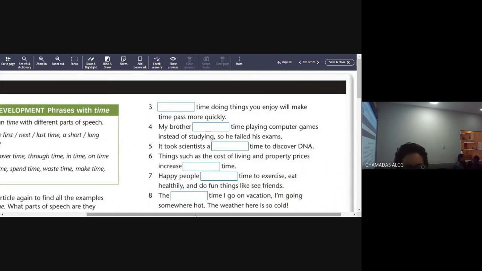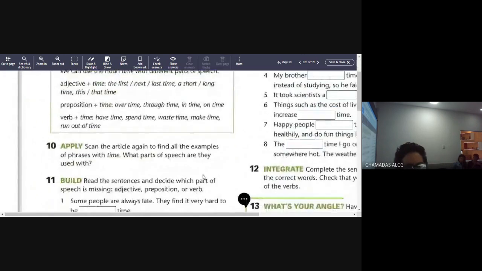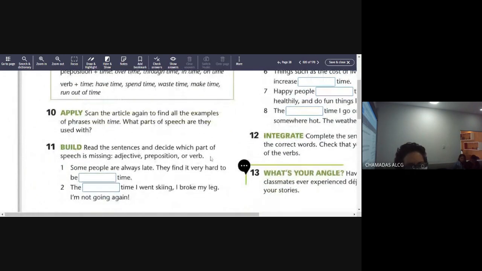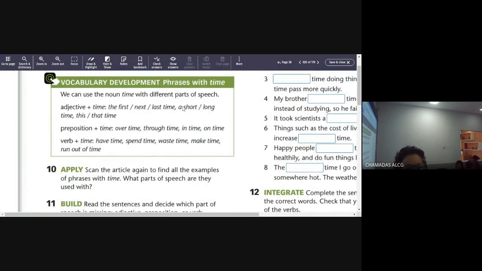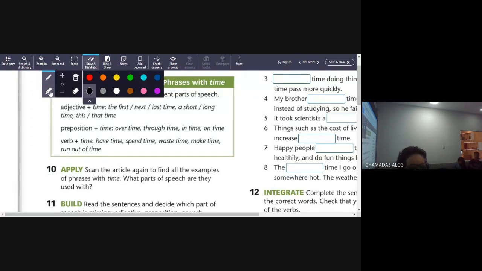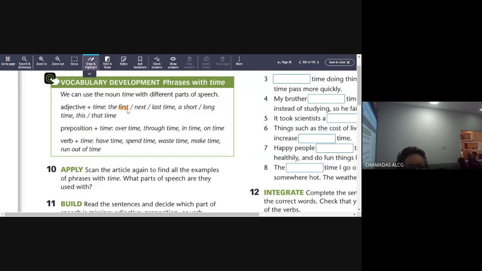Okay, so back here. What parts of speech are they used with? So the first one, when you say first time, adjective. Yes, good. Like here, look, okay? First time. All right, let me highlight this for you so you know what we are talking about. Okay, so adjective.